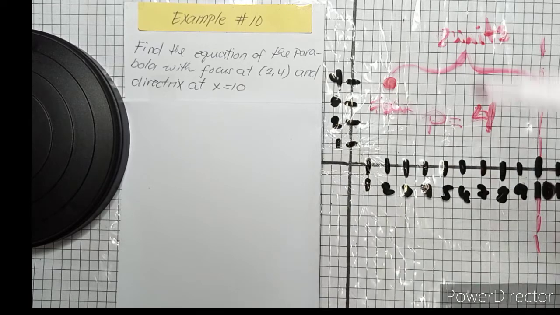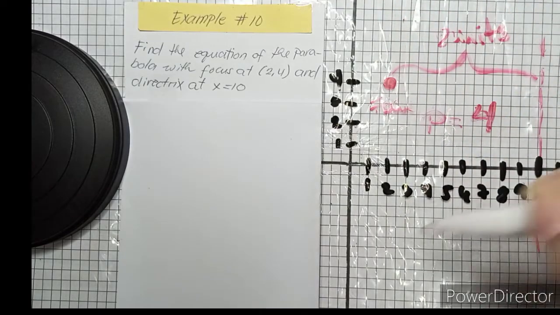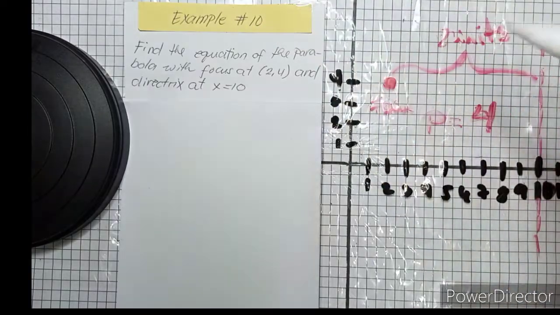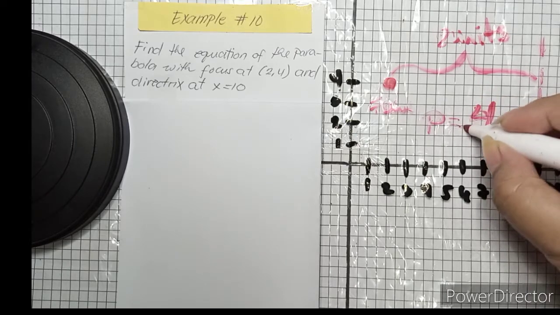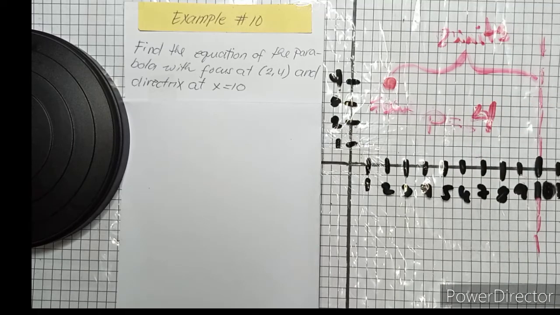Next, since it's opening left side, ang ating P ay negative. Okay, so tandaan na ang ating parabola pag open left side at saka downward, ang P is negative.